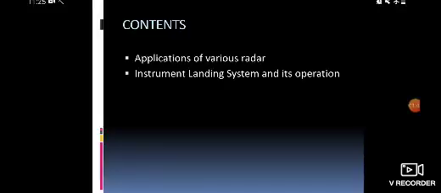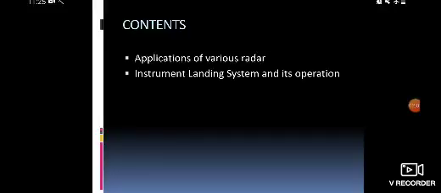And this drawback is overcome with our CW radar. By passing continuous wave signals, we can see the moving target. That means in our CW radar, we can see whether the target is moving or stationary. If it is moving, it is either moving towards the antenna or moving away from the antenna.